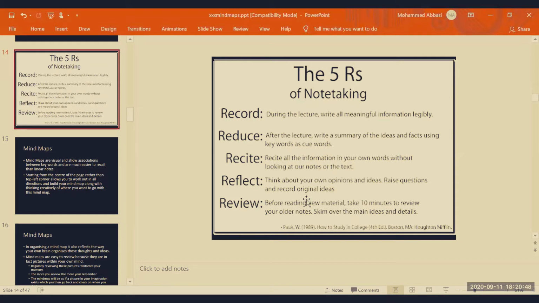So as you get more and more information about your subject, you keep putting it on your mind map, and it keeps growing. The more colorful and beautiful and individualistic you make that mind map, the more you will actually remember.